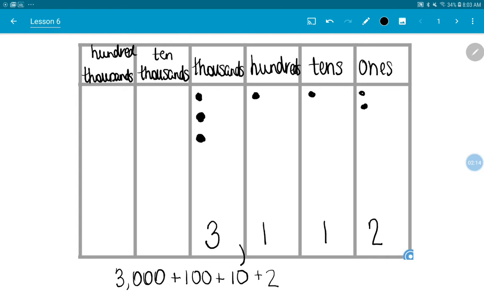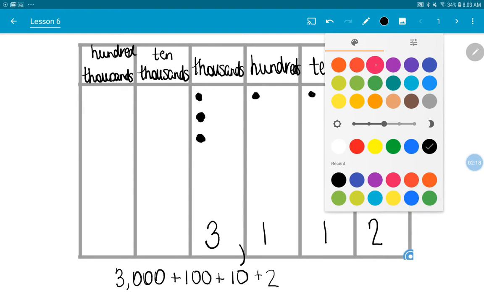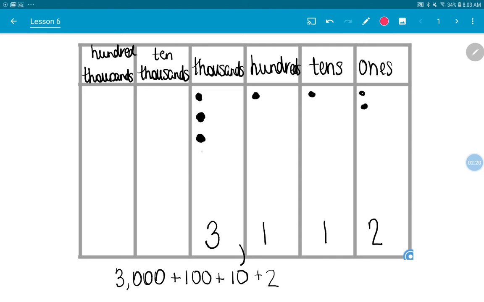Right now I want to add one more unit of 1,000 to this number. If I add one more 1,000, my thousands place value, I'm going to add one more. So how does that change my number? The only place value it affects is the thousands.